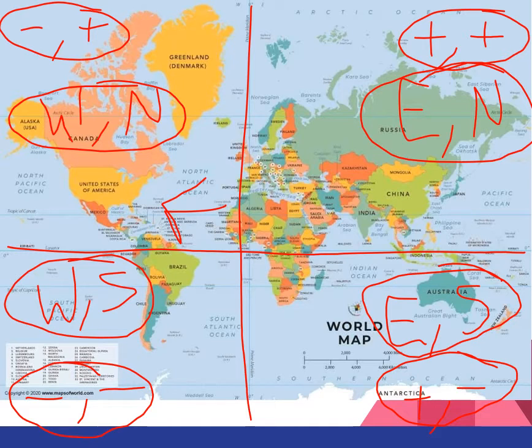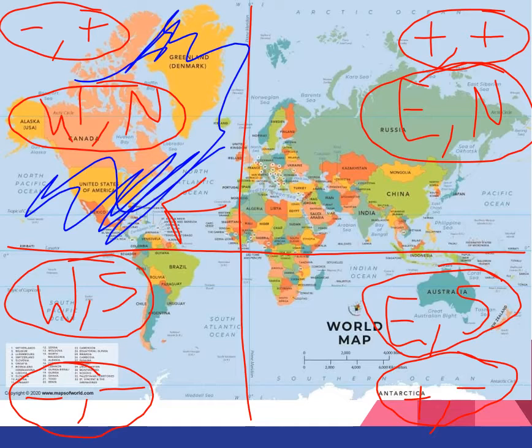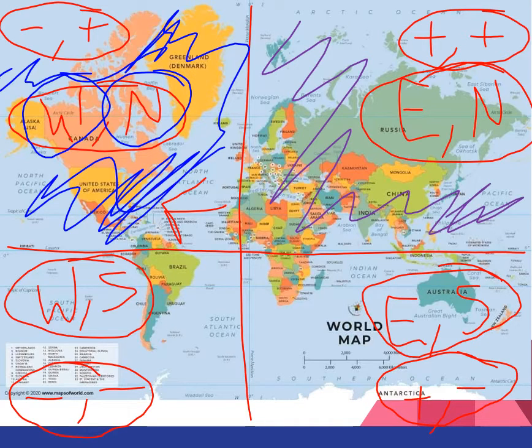Okay, so all latitudes, I'll do it in a couple of different colors here. In this whole area, every latitude is going to be north and every longitude is going to be west. In this whole area, every latitude is going to be north and every longitude is going to be east.